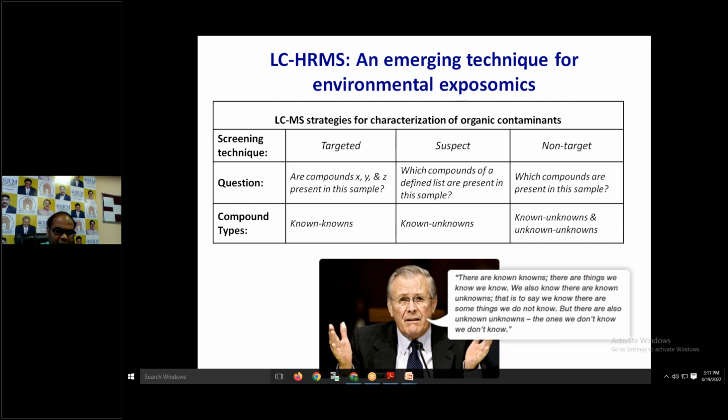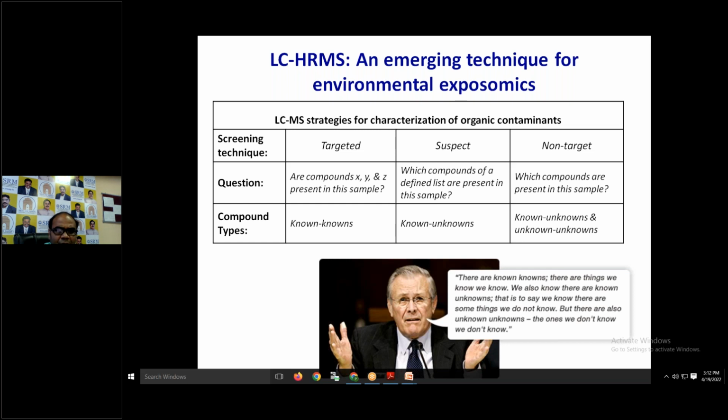So LC-HRMS is an emerging technique for environmental exposomics, and here, as you can see, the screening technique. What screening techniques are we following and for which compounds? There are three, as I said: targeted, suspect, and non-target.